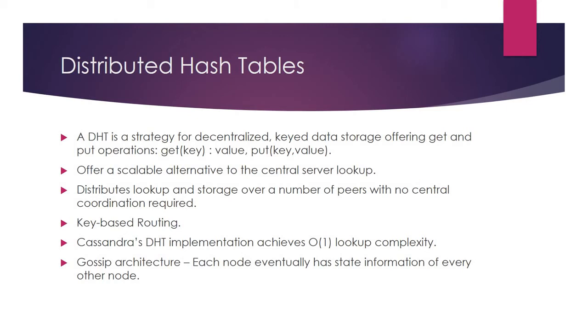We already know that many DHT systems like Chord exhibit order log n lookup, whereas Cassandra's implementation of DHT achieves order 1 lookup complexity. This is because it uses a gossip architecture, adapted from Google's Bigtable, which makes sure that each node eventually has the state information of every other node available in the cluster.